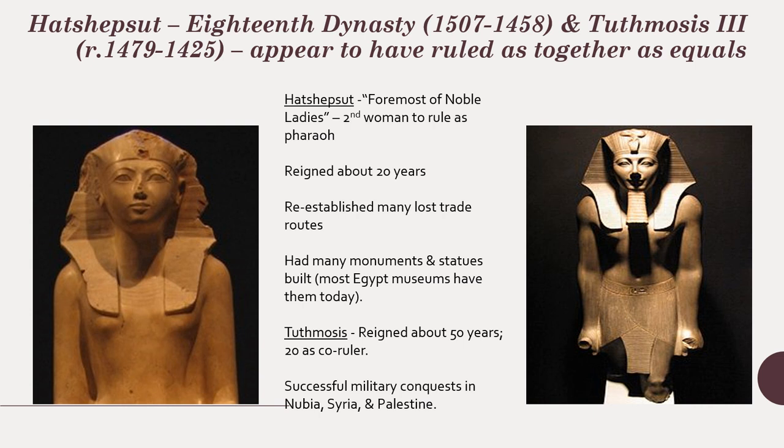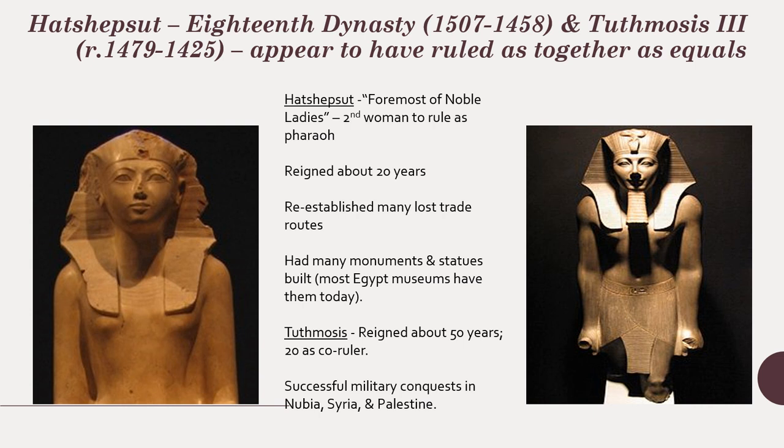So Hatshepsut was a crucial figure as leader in producing, or having produced, much of the great artwork that still remains today. Tuthmosis reigned for about 50 years, and for 20 years as co-ruler. And it was his conquests in Nubia, Syria, and Palestine that we mentioned before.